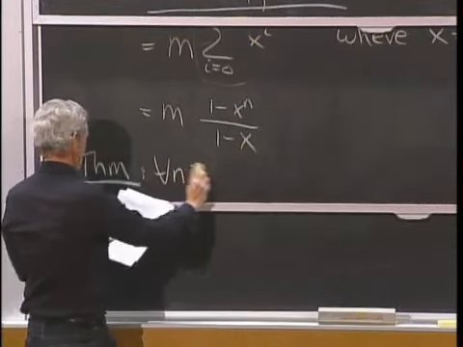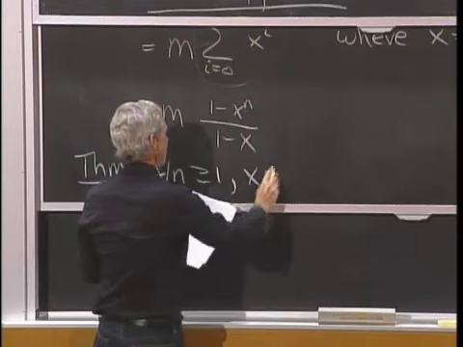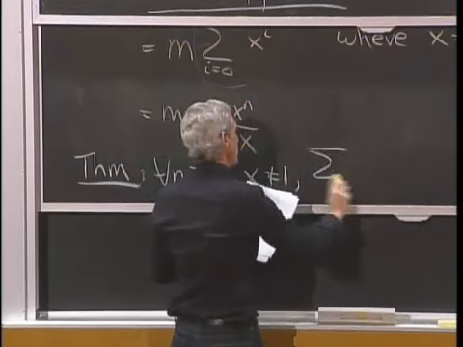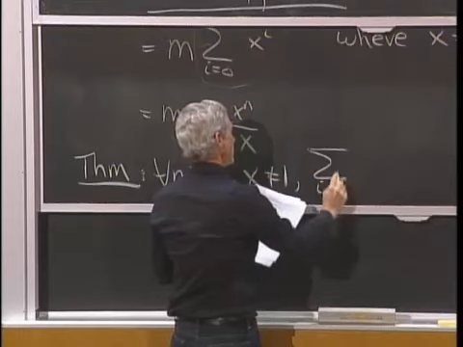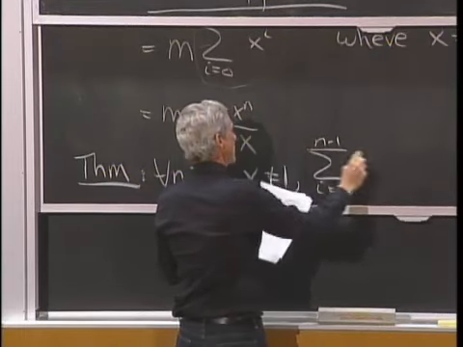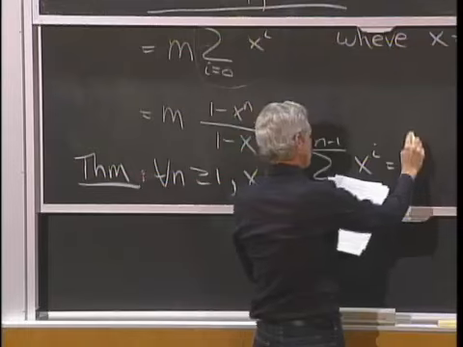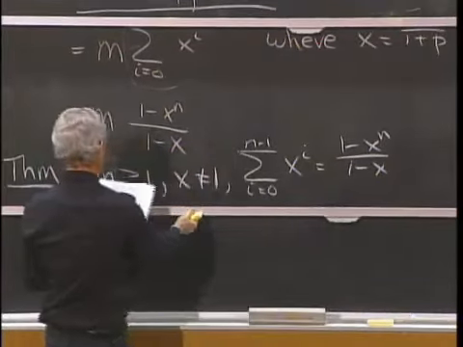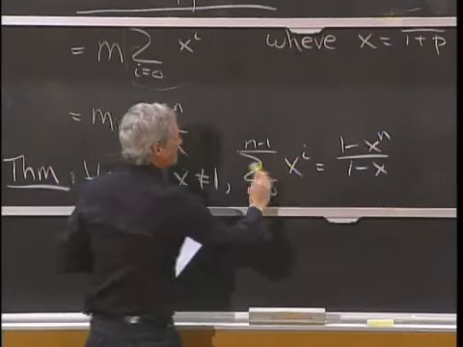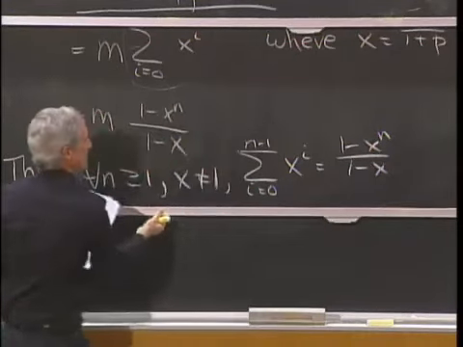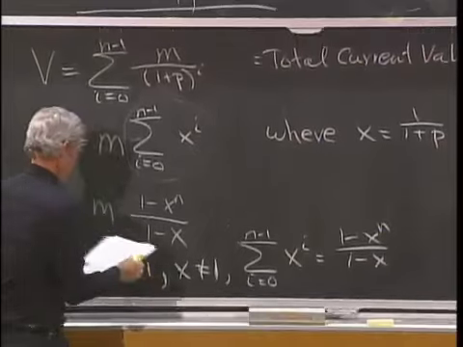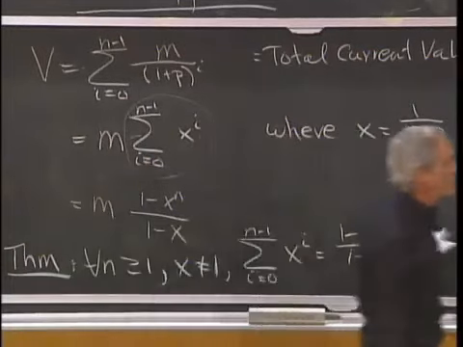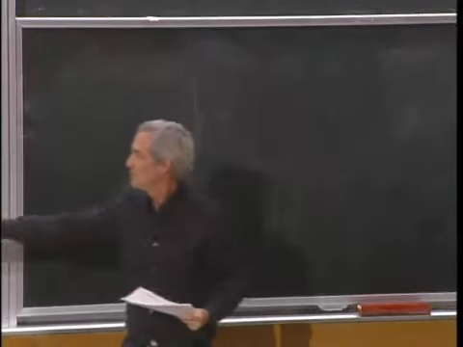For all n bigger than or equal to 1 and x not equal to 1, we proved the sum from I equals 0 to n minus 1, x to the I equals 1 minus x to the n over 1 minus x. Okay, and so this is a nice closed form. No sum anymore, just that, which is nice. Now, induction proved it was the right answer.